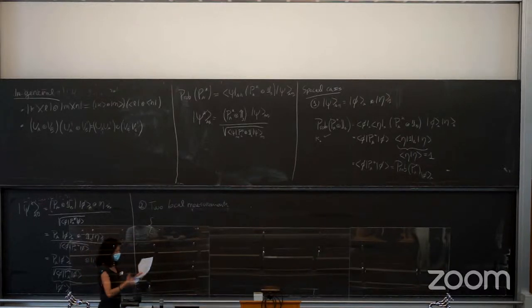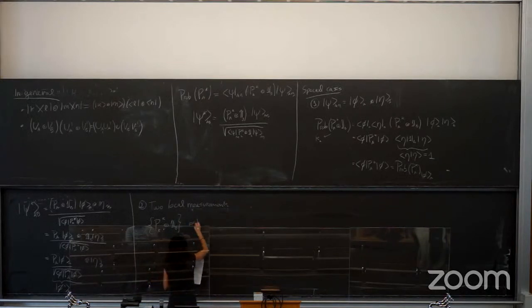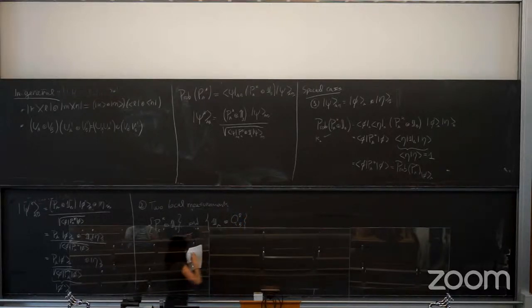Let's say Alice's measurement is represented by something like this, and Bob's measurement is represented by some other projectors. So this varies in K and this varies in L.